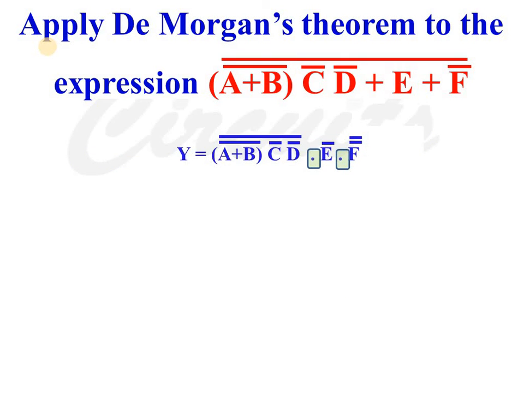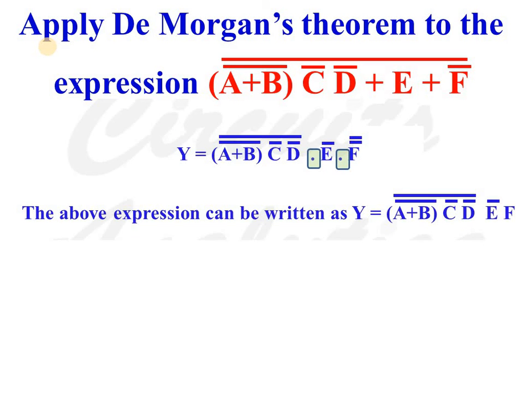So this is the expression after applying De Morgan's theorem for the first time. So we can rewrite the expression as y is equal to (A or B bar and C bar and D bar) the whole bar, and E bar and F, as F double bar is equal to F.